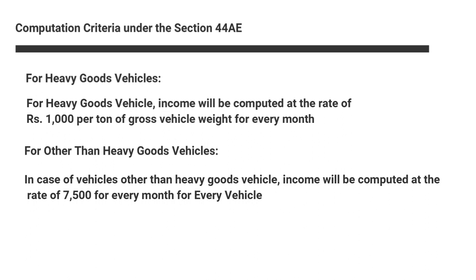In the first section, your income will be computed at the rate of ₹1,000 per ton gross vehicle weight for every month. And the second criteria is that your income will be computed at the rate of ₹7,500 for every month. I know it's a very technical language, but no need to worry about that. I'll clear your doubts and queries through an example in the next slide.